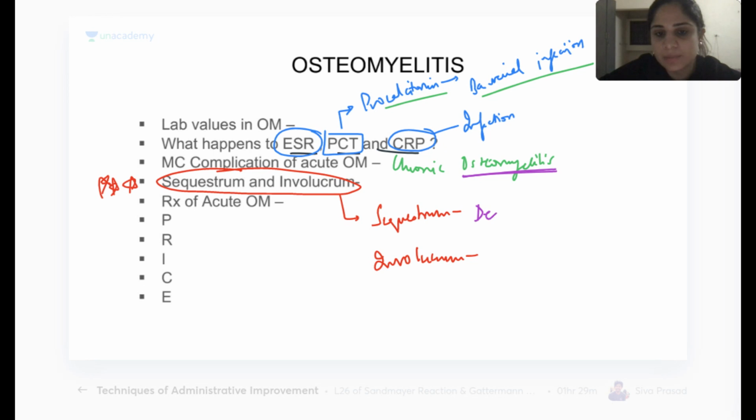So the destroyed or dead bone is called sequestrum. And what is involucrum? Once this bone is destroyed, there will be an inflammatory reaction and formation of new bone. So the immature new bone formation is called involucrum.